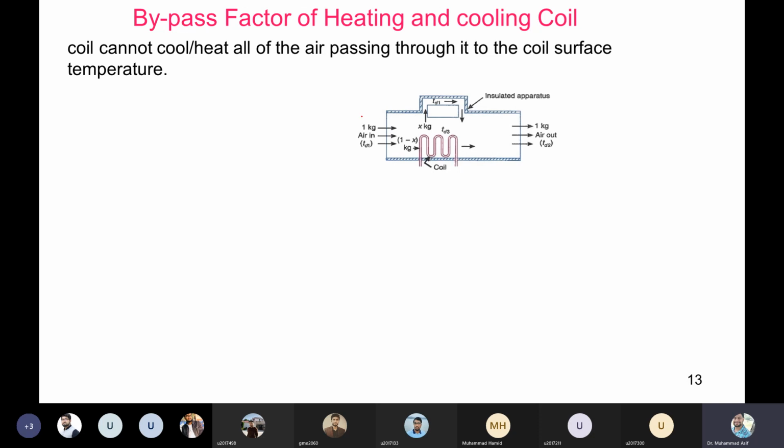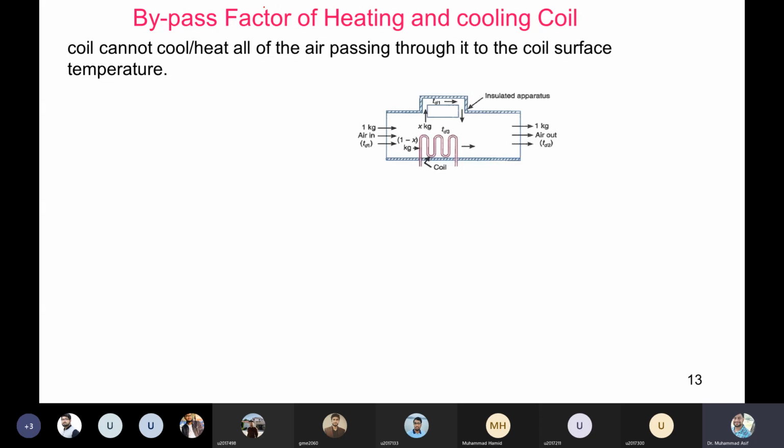Let's say this is the outdoor air. When the outdoor air enters that duct, there is a cooling coil. So all of the air cannot come in contact with that cooling coil. Some of the air will not be in contact. It will pass through. That's why we call it the bypass factor.